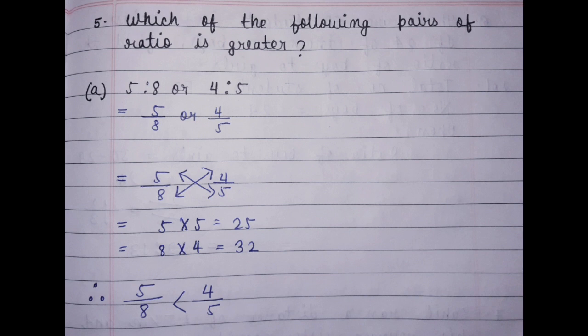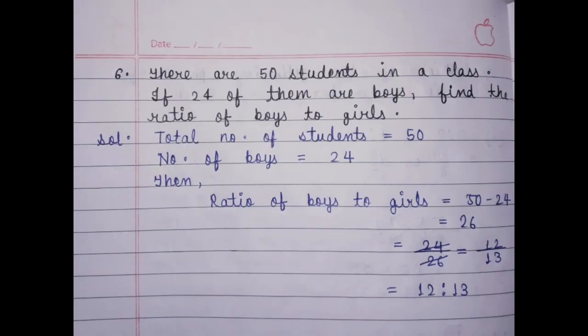Let's see our sixth question. Our sixth question is there are 50 students in a class. If 24 of them are boys, find the ratio of boys to girls. Total number of students 50. Number of boys is equal to 24. Then ratio of boys to girls, we will find the number of girls. 50 minus 24 is equal to 26.